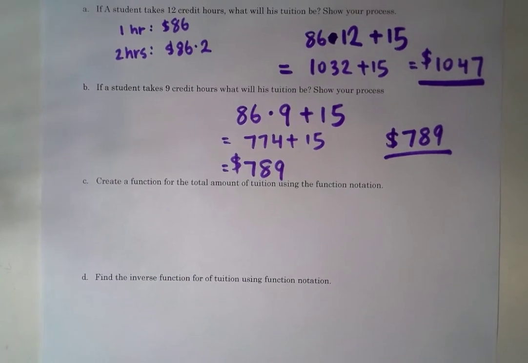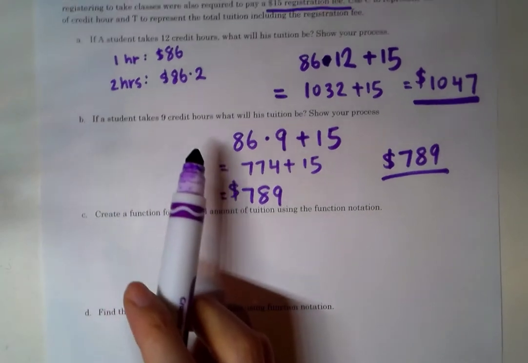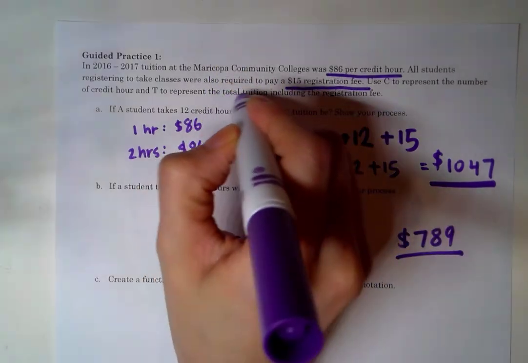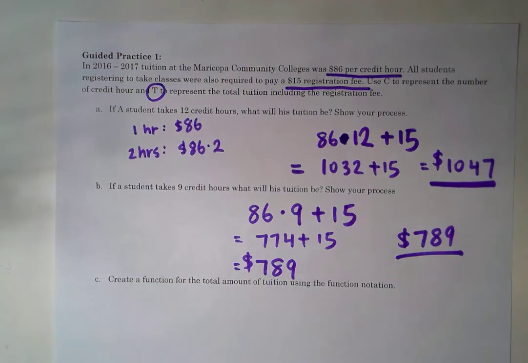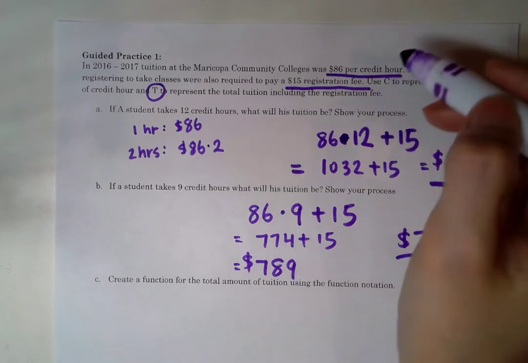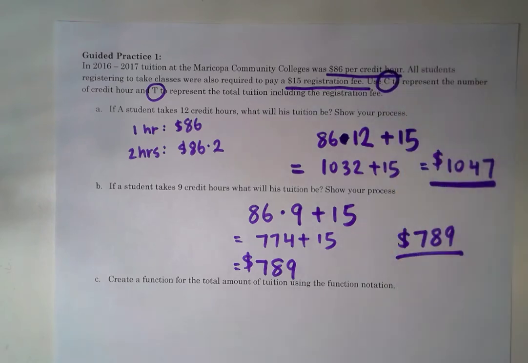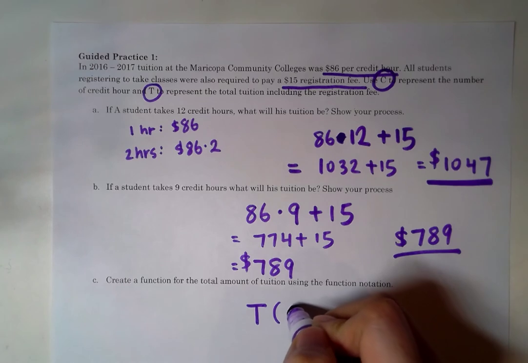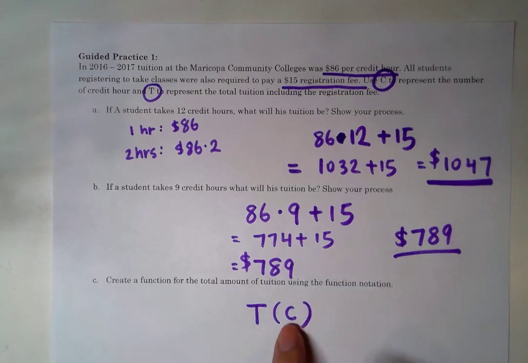Create a function for the total amount of tuition using function notation. So we are getting the total amount of tuition. Go back to the question. It says total tuition is T, and the number of credit hours is C. So we are using T and C. So T of C means based on credit, the total tuition.